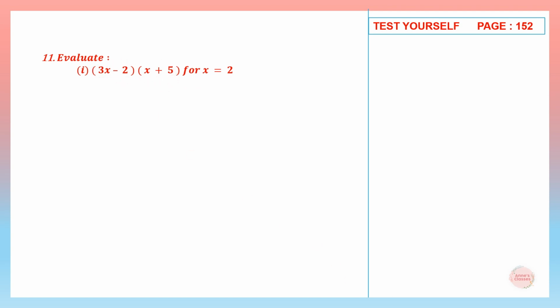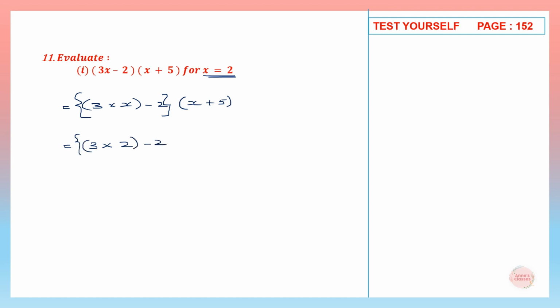So here what we can do is 3x means 3 into x minus 2. So this will put it within brackets here into x plus 5. So I have just expanded this question. So now 3 into x means 3 into, and how much is x? X is 2. 3 into 2 minus 2.